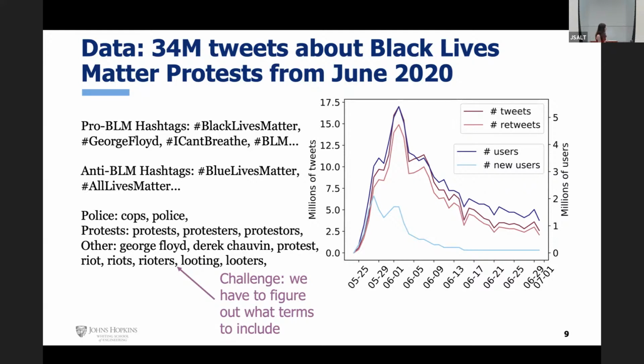But the timing of these events was such that the vast majority of the data using the word protest during that particular month was talking about the Black Lives Matter protest. So we just trust the volume of data to deal with some of the noise that might be happening.